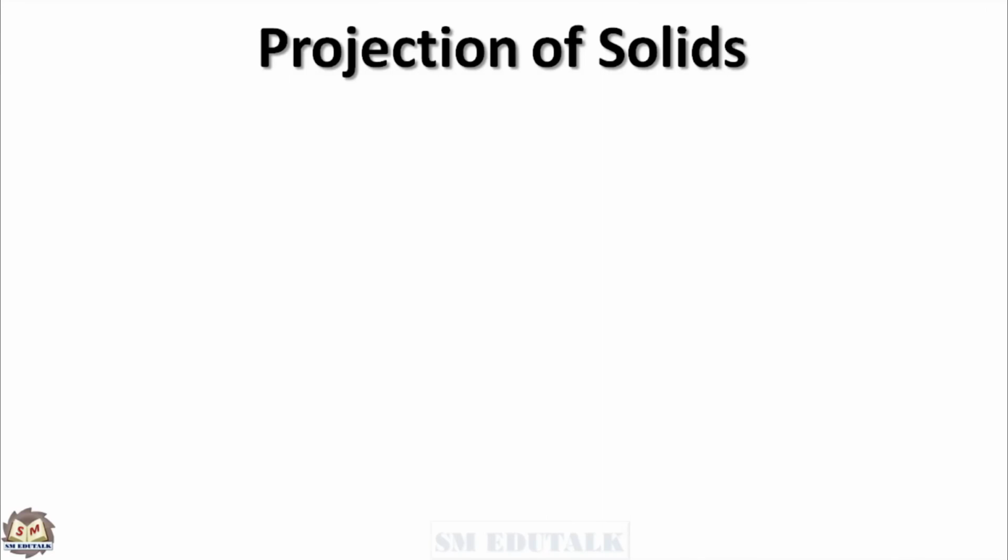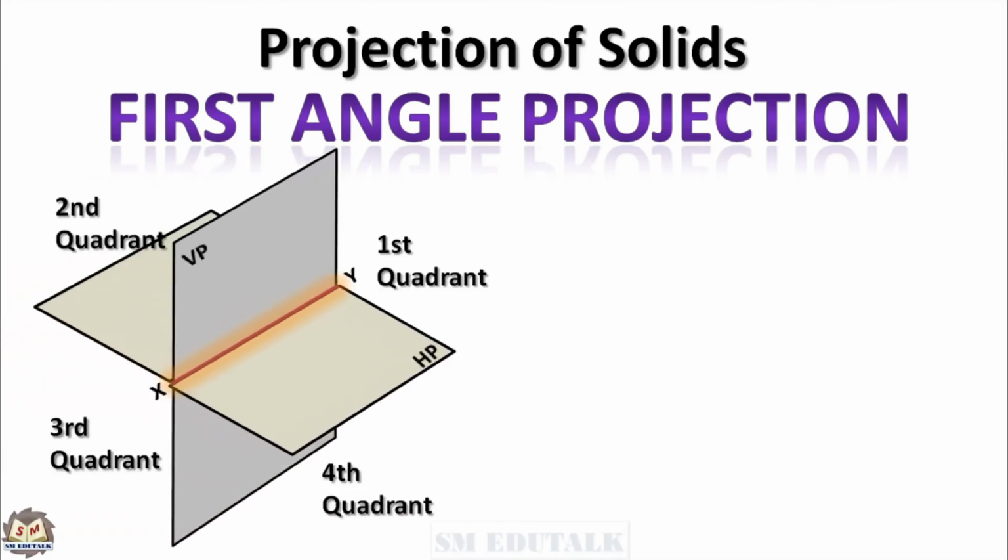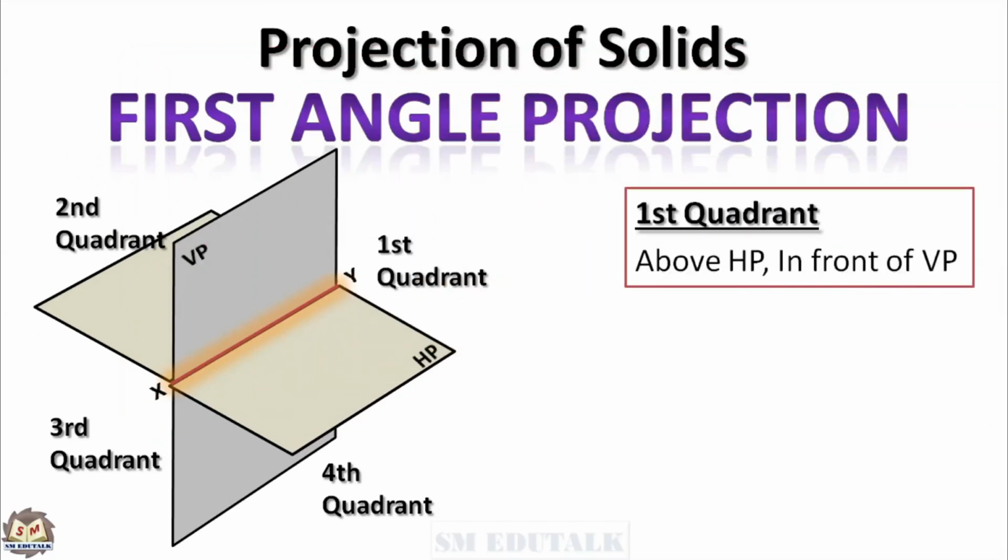As per syllabus, projection of solids is also completely based on first angle projection, like projection of points, projection of lines and projection of planes. That is, the given solid object should be kept in first quadrant to see its various projections or views. Hope you remember the first quadrant conditions, that is above HP and in front of VP.